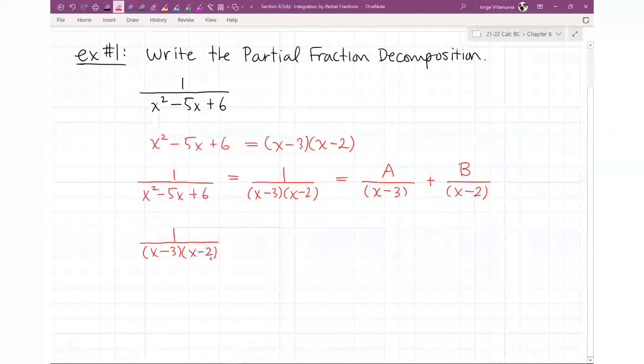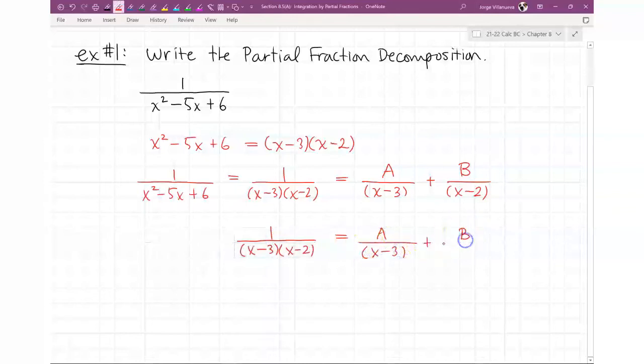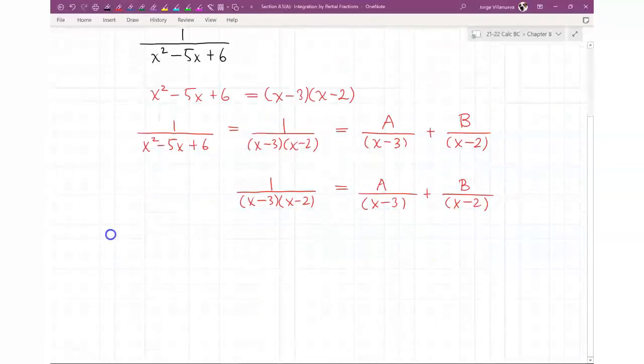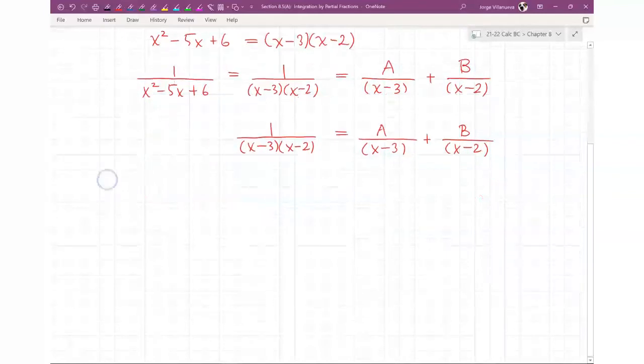Okay? And you know what? Let me move this over here to keep it a little more in line with the work that we're doing. So I'm just going to write that again. Not that you have to do it, but I'm just trying to keep it clean so when you look at the notes, you can see what happened.